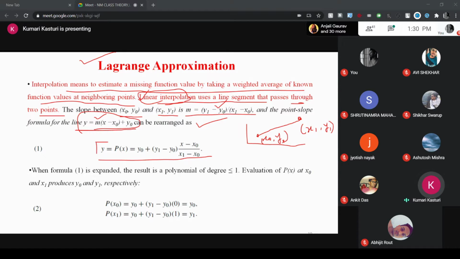Just like the previous question and procedure, P(x) is equal to y0 plus (y1 - y0)/(x1 - x0) times (x - x0). This term is nothing but your m. You are just replacing m in this equation.